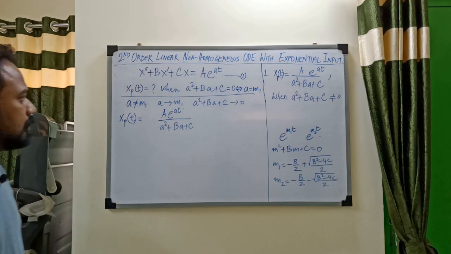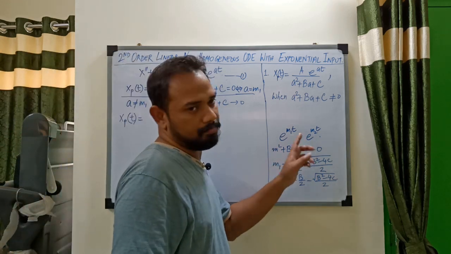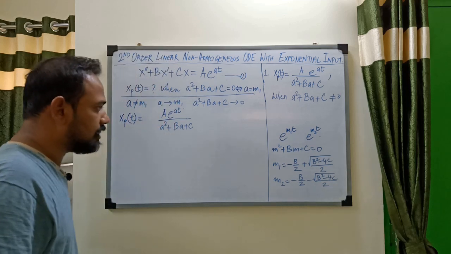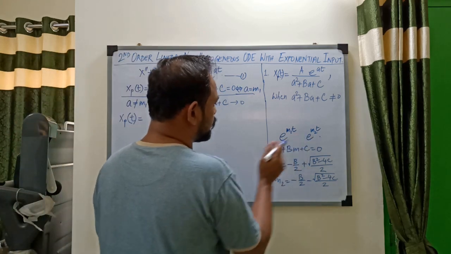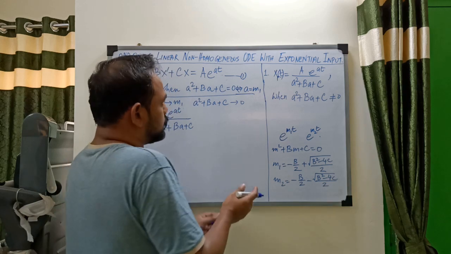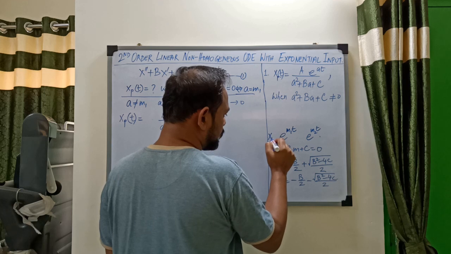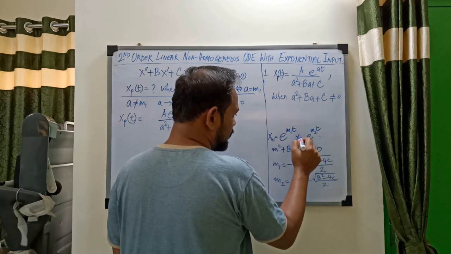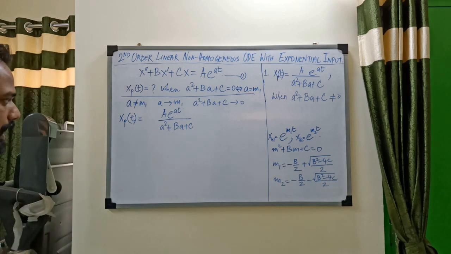Again, how these come, you have to go back to the lectures where we have covered them. These are two possible homogeneous solutions. Let's call them xh1 and xh2, just to give them some name.